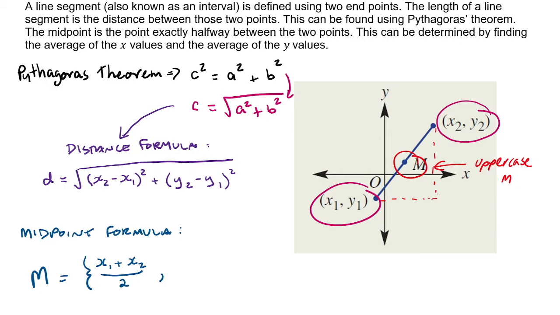We have 2 x's to add up, so we have to divide by 2. And the same with our y's. And then close it all off. And that will give us the coordinates for our midpoint. Okay, time to jump to some examples and see how this all works.